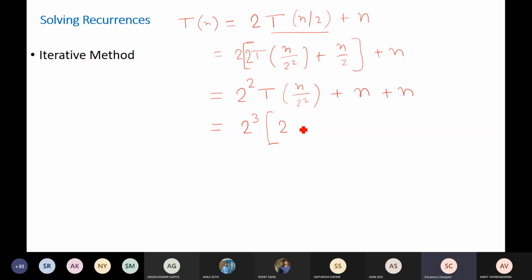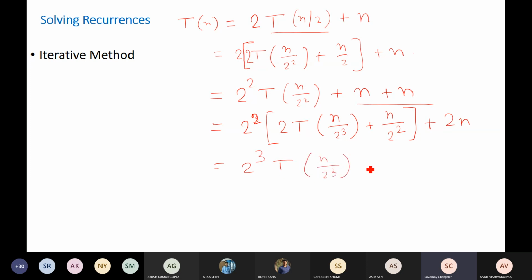This one is 2T(n/2^3) plus n/2^2, plus 2n, plus n. So that equals 2^3 T(n/2^3) plus n plus 2n. Okay.